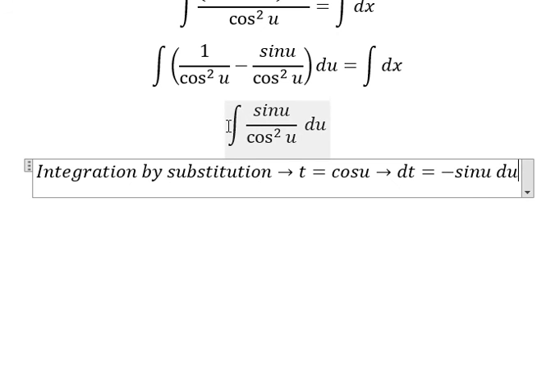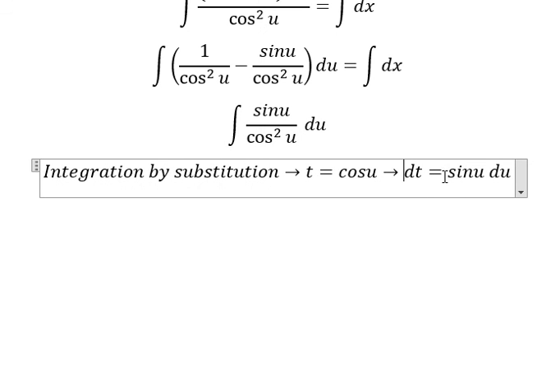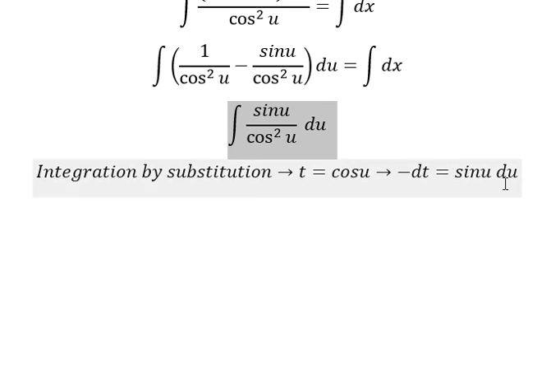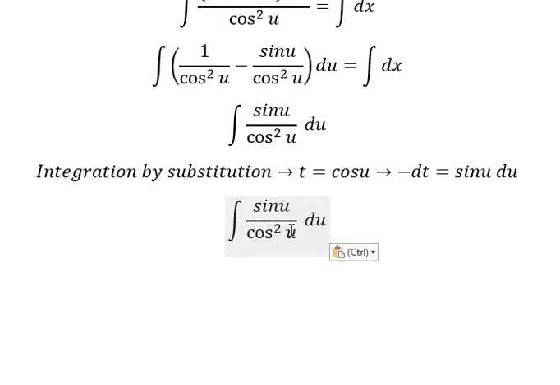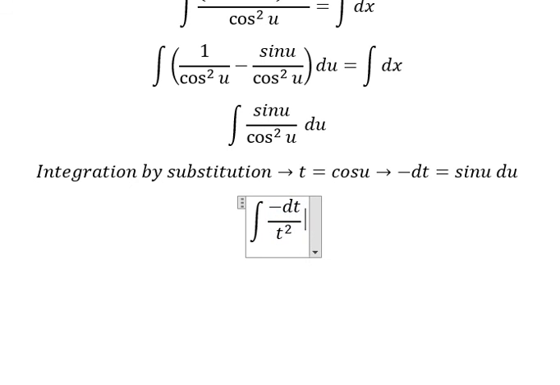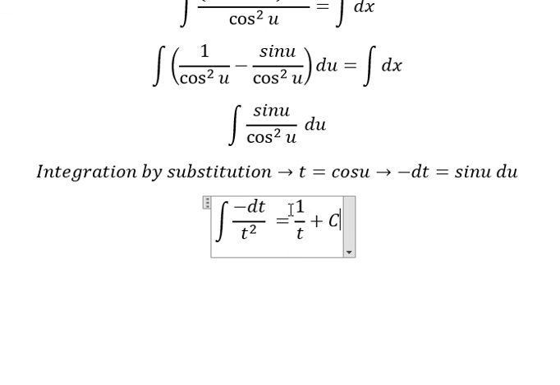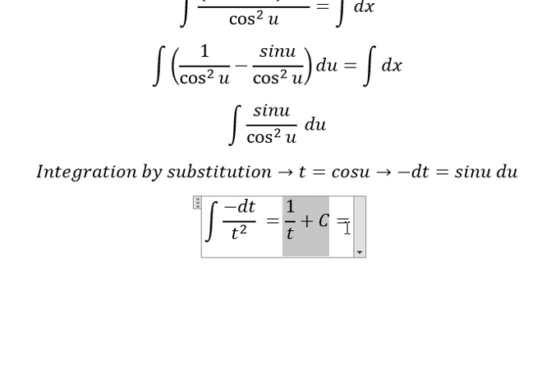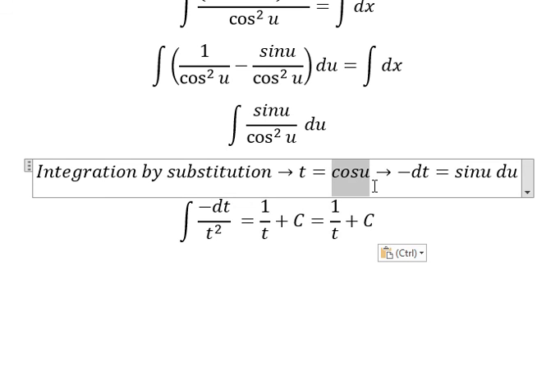Because we don't have the negative sign in here, I will put this one go to the left. This one we have t square, sin u du we change by negative dt. And this one we have 1 over t. About t, that is cosine u.